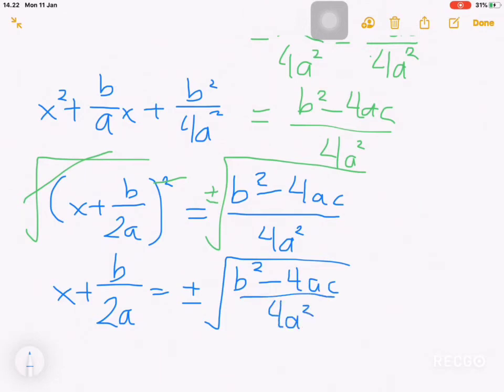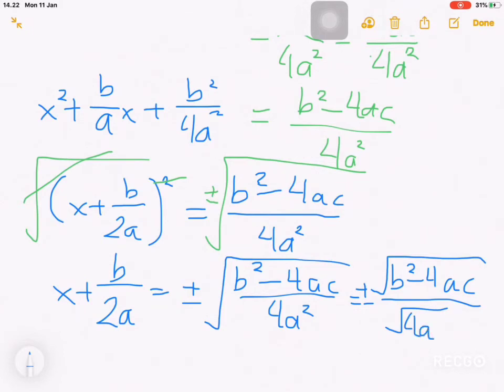And notice we can just take the square root of both the numerator and the denominator, and yes, I will add the plus or minus there, over the square root of 4a squared. We can rewrite the square root of 4a squared by taking the square root separately. It's equal to the square root of 4 times the square root of a squared.